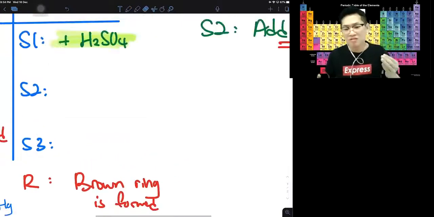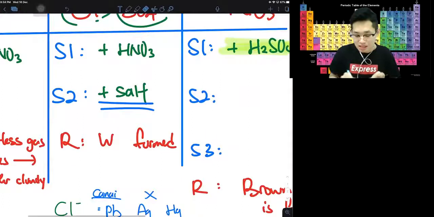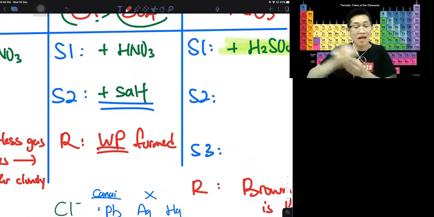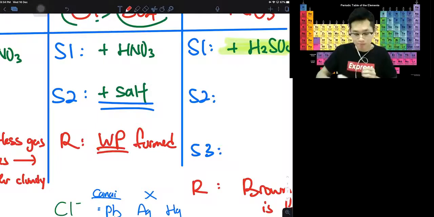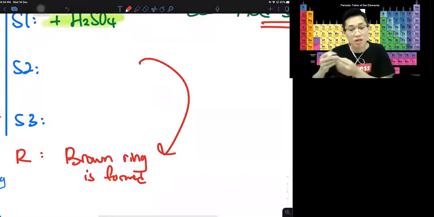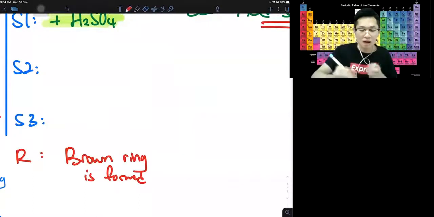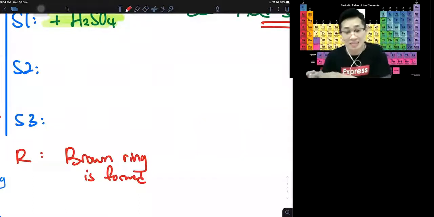So this brown ring comes from where? The white precipitate came from the silver chloride and also barium sulfate just now. So the salt solution that you add is going to end with this outcome: a brown ring is formed. The brown ring is actually an ion complex.